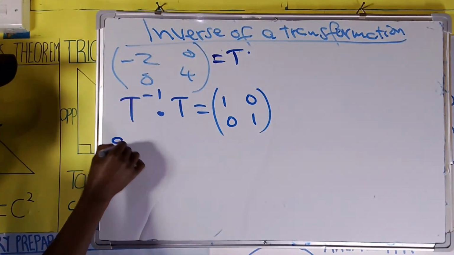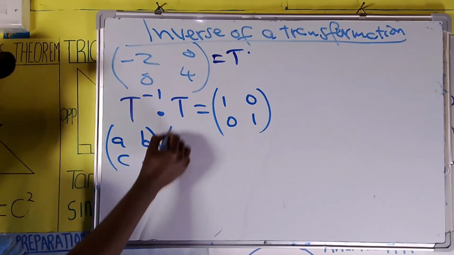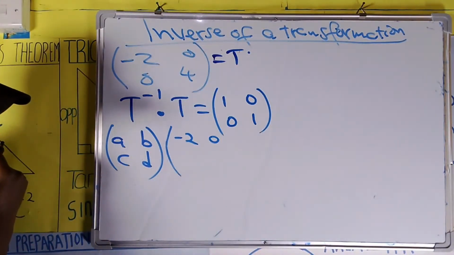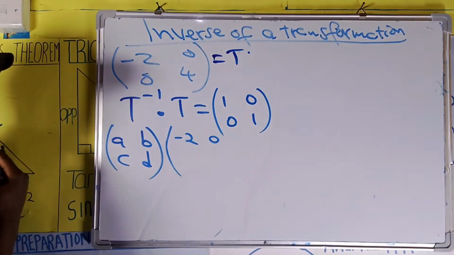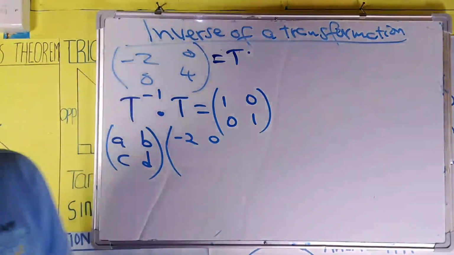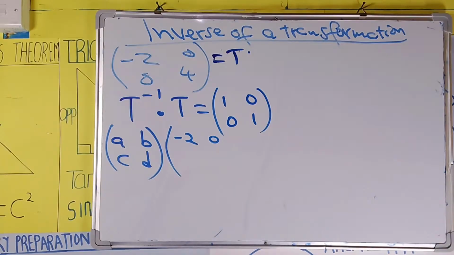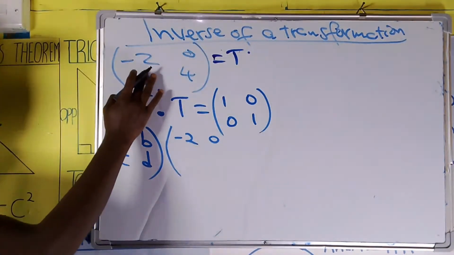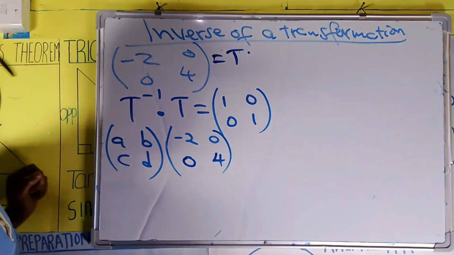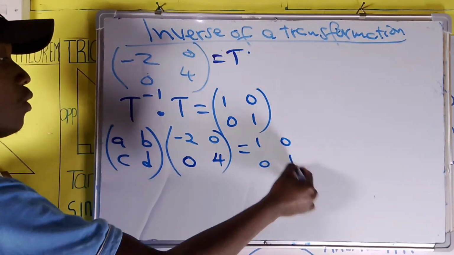T inverse itakuwa A B C D times T, ni hii negative 2 0, 0 4 is equal to 1 0 0 1.